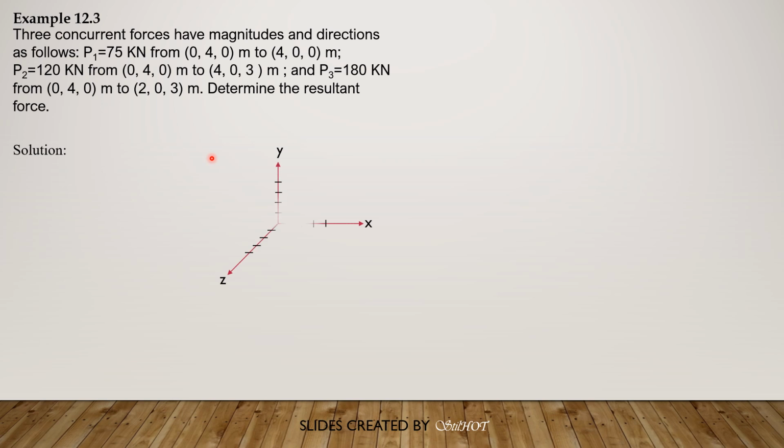So let's draw the figure, the XYZ coordinate axes. Let's locate (0, 4, 0). It's there on the y-axis. Then the first force is from that point to (4, 0, 0), so on the x-axis, so there are only two components, x and y, with 0 along z.